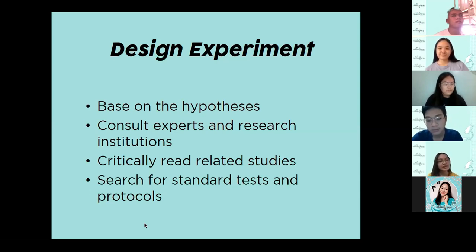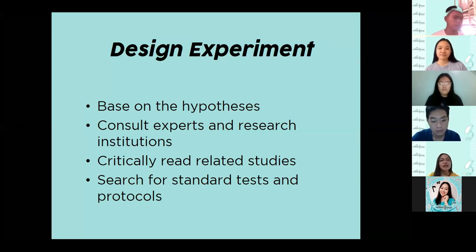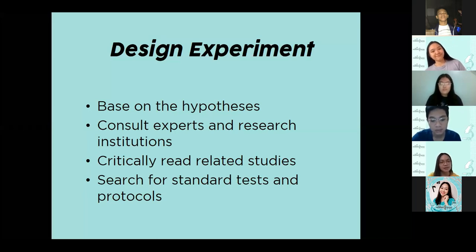Third, critically read related studies. When we say critically, dapat critical talaga. Kasi you should really be mitikuloso sa paggamit ng related studies mo sa gagamitin mong experiment. Kasi halimbawa, sobrang outdated na for last 20 years pa ginawa yung experiment na yon. Tama bang yun yung gagamitin mo para sa process ng experimentation mo? Hindi, di ba? Dapat yung mas latest na process na related studies, yun yung mas pipiliin mo.